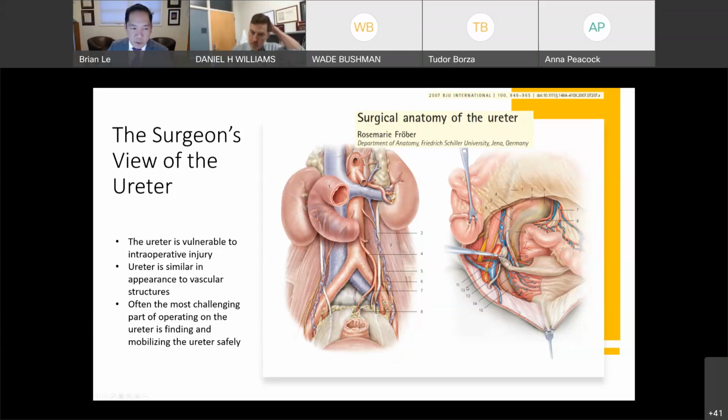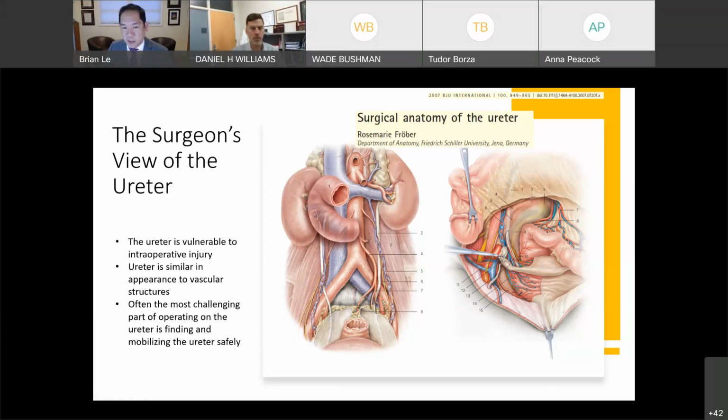Because of its tubular appearance, it can appear similar to vascular structures. And for anyone who's ever operated on the ureter, the most challenging part of the operation oftentimes is really just getting to the ureter, step one, and identifying and mobilizing the ureter safely.